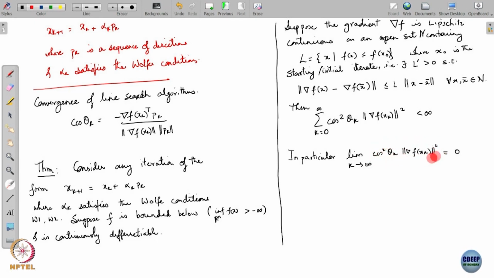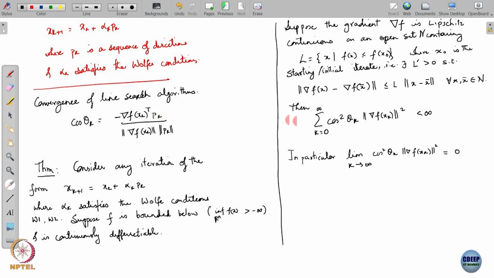Now, if you look at this limit, what is it? It has two terms here. It has the norm of the gradient of the function, and it has the square of the cosine of the angle between the negative gradient and the direction p_k that you have chosen. So, now this tells you something quite nice and powerful.